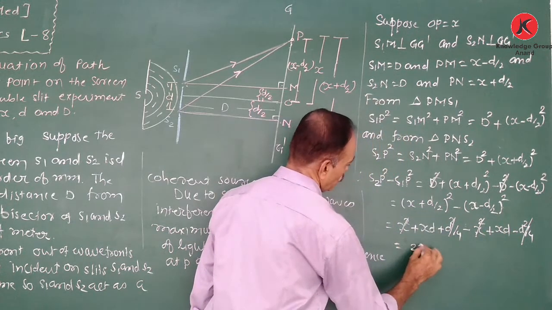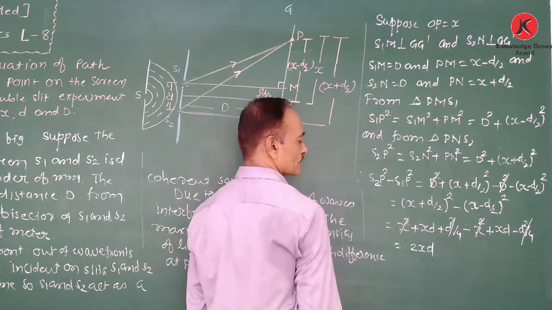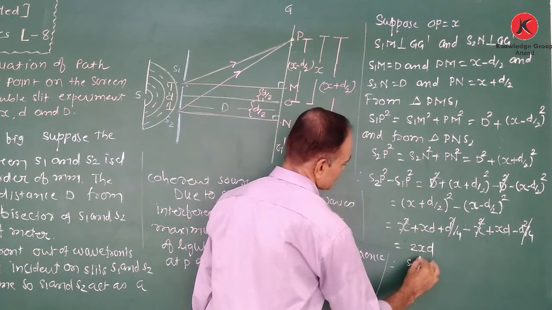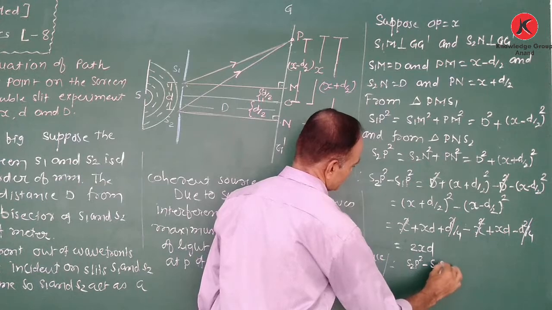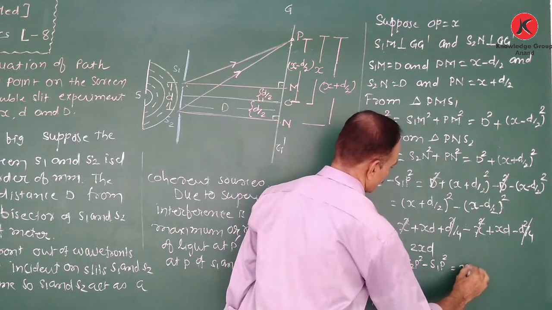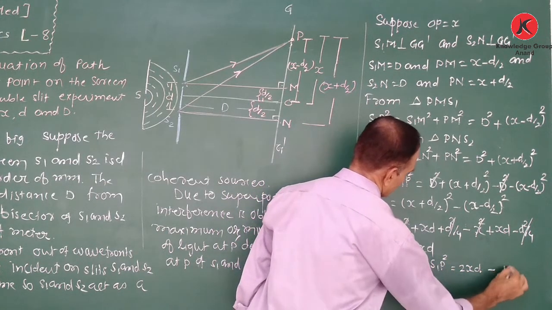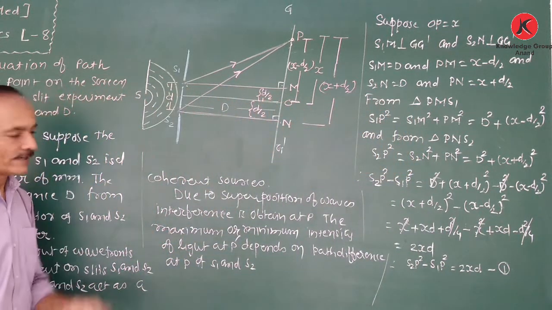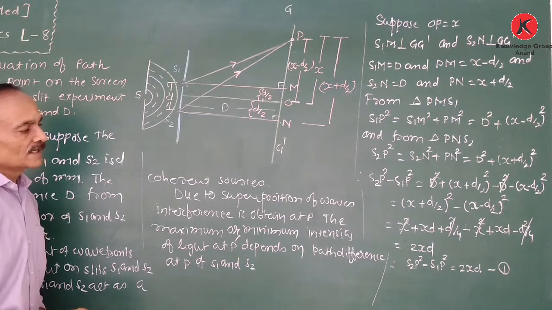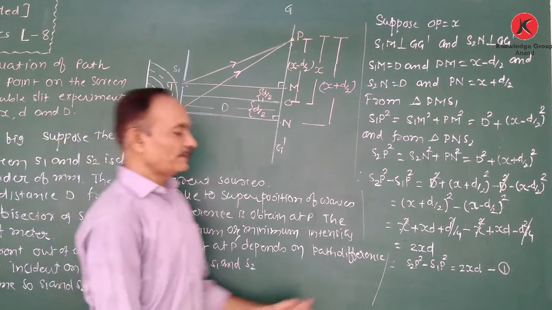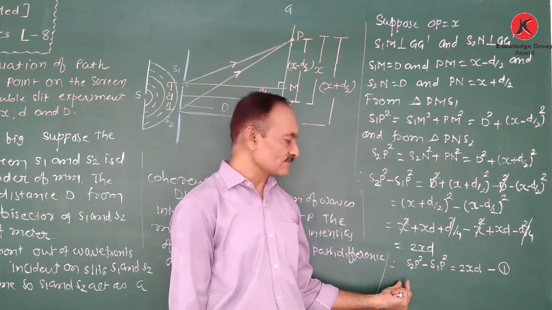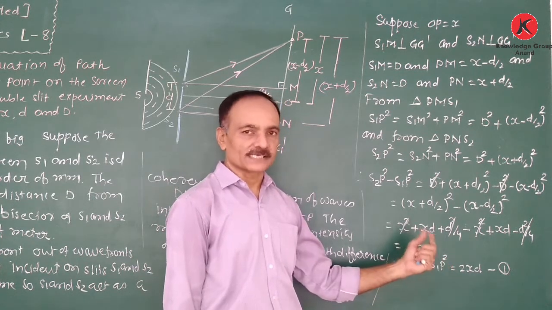Therefore, that is 2XD. Therefore, S2P square minus S1P square is equal to 2XD. That is the equation. After that, we have to simplify x square minus y square, so x plus y times x minus y is equal to 2XD.